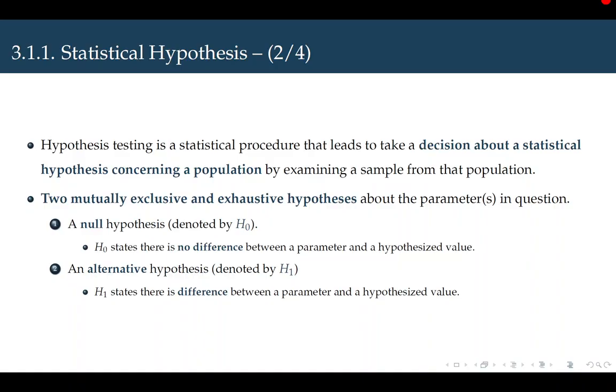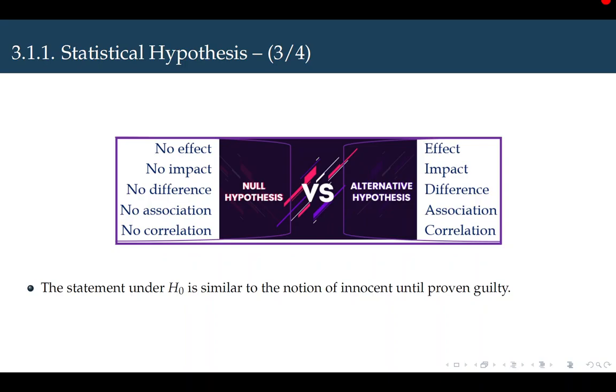So these are the two mutually exclusive and exhaustive hypotheses in every statistical hypothesis testing. In general, in simple words, the null hypothesis states that there is no significant effect, no significant impact, no difference, no association, no correlation.